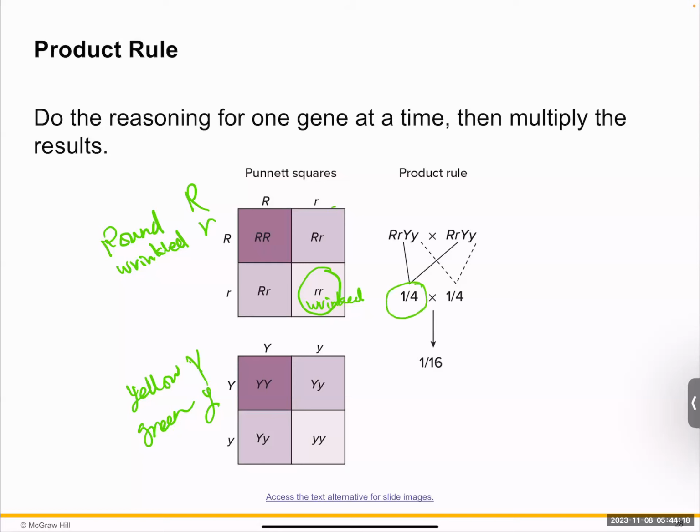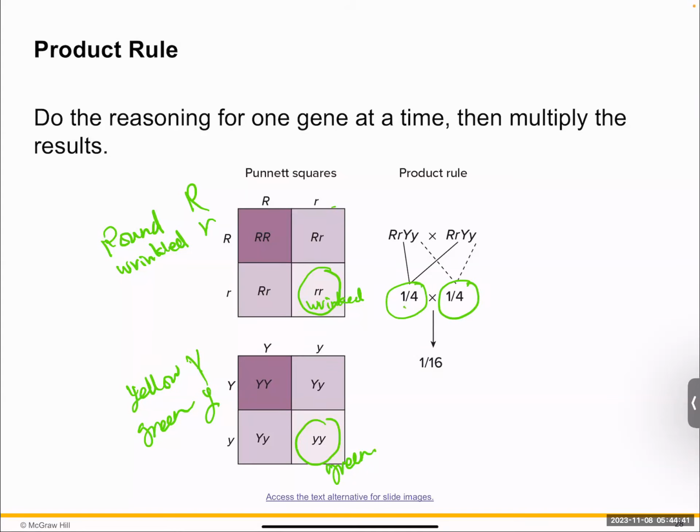So I write 1/4. Looking at my Punnett square for the color, the only one that's going to give me a green offspring is also 1 out of 4.